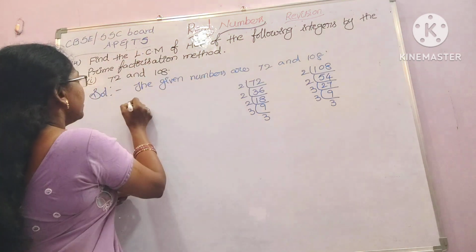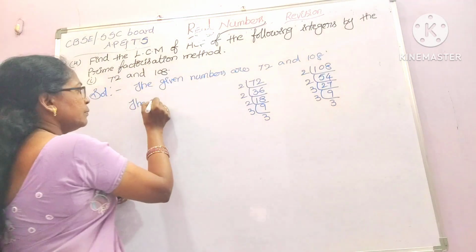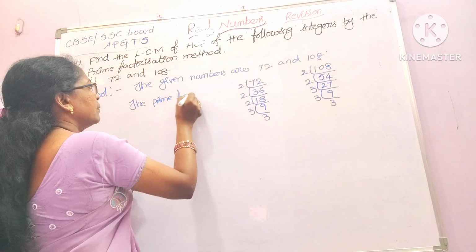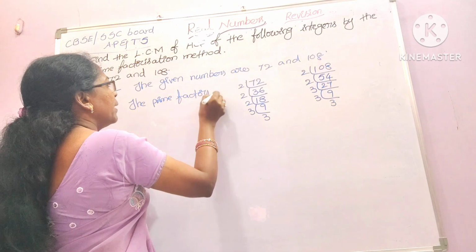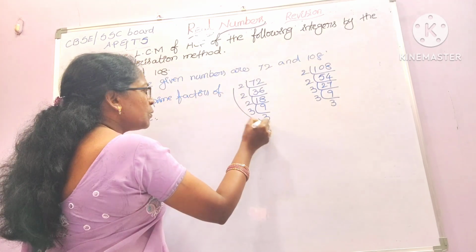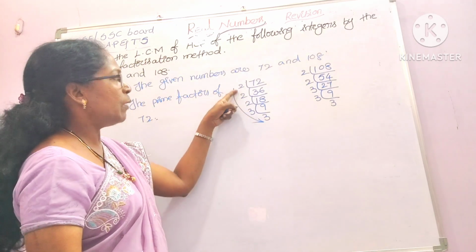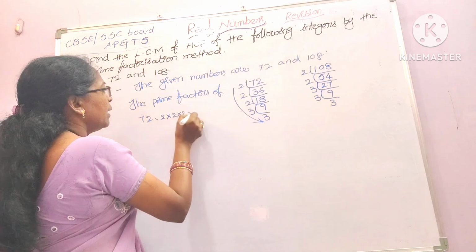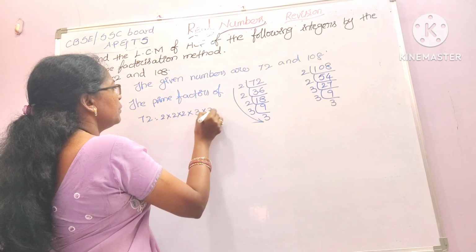Now, the prime factors of 72 equal to, you write all these numbers in order: 2 is multiplied 3 times and 3 is multiplied by itself 2 times.